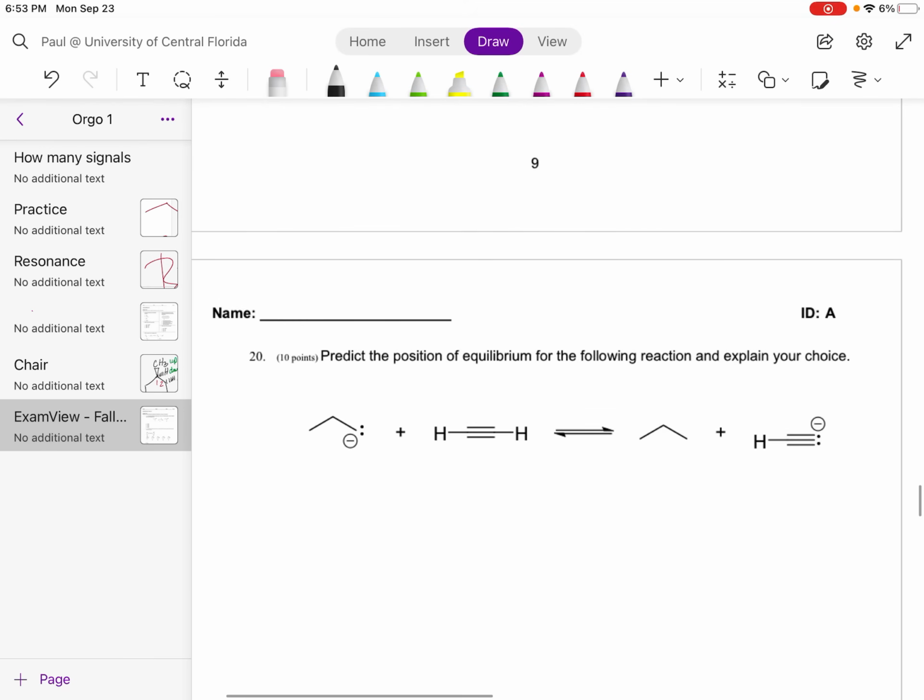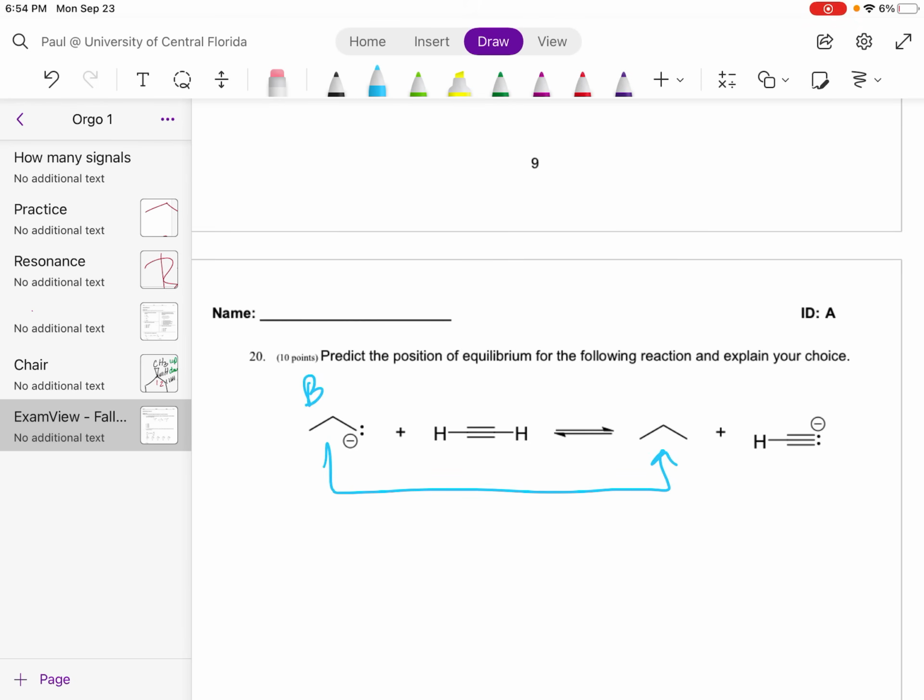And then the last one, predict the position of equilibrium for the following reaction and explain your choice. So what's happening here? Can we identify our acids and bases? That's negatively charged, and we see that it's going to this species right here. What has happened from there to there? We've added a proton.